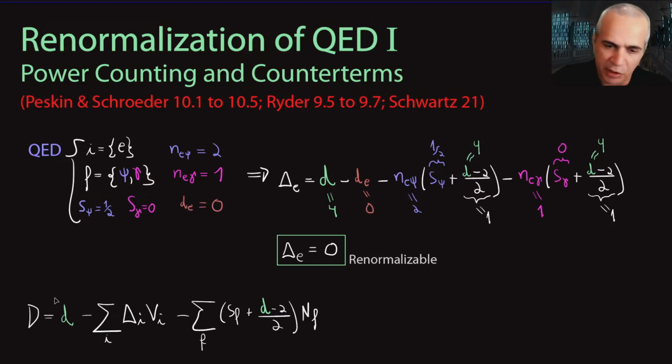So now we're working in 4 dimensions, so I can substitute these one for 4. Here I'll have 4 minus 2 over 2, which is 1. This will be just 1. And since QED only has one interaction and delta for that interaction is 0, this whole term goes away.